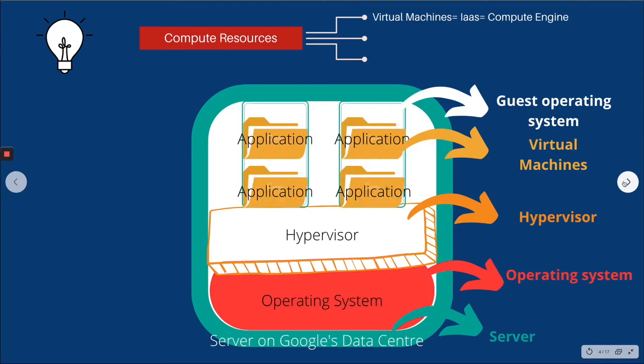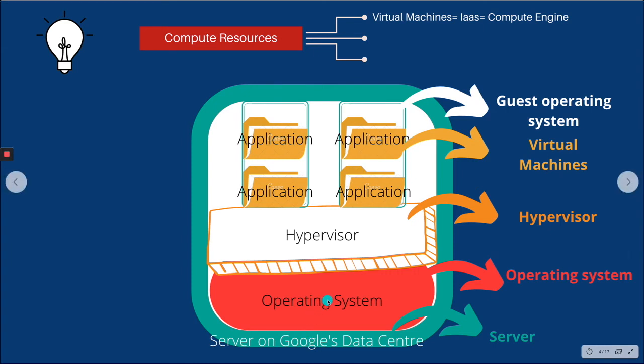To better understand how virtual machines work, I've included this diagram which shows how VMs sit on Google servers. You may see this diagram in probably less colorful colors on the Google Cloud certification webpage, but here it is. We've got the server in Google's data center right at the bottom, and this is where everything that you will pay for or rent from Google will sit.